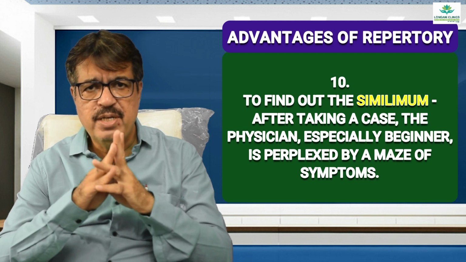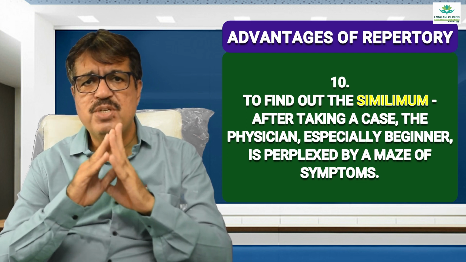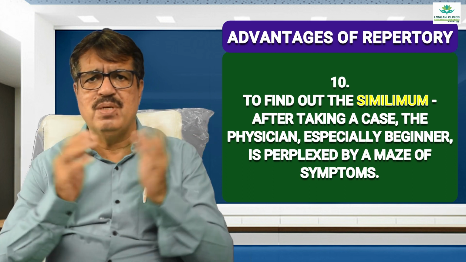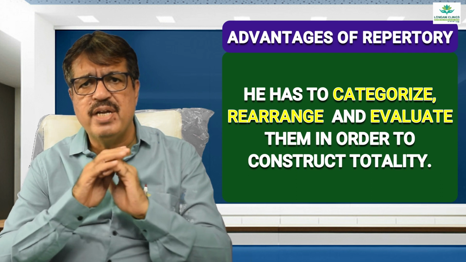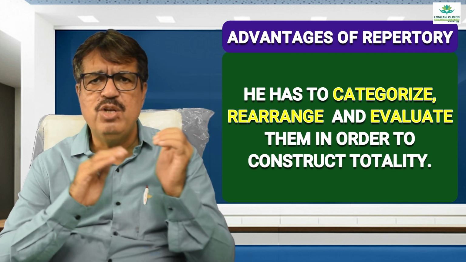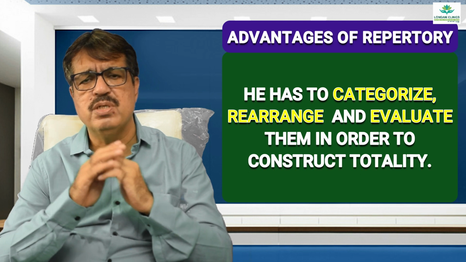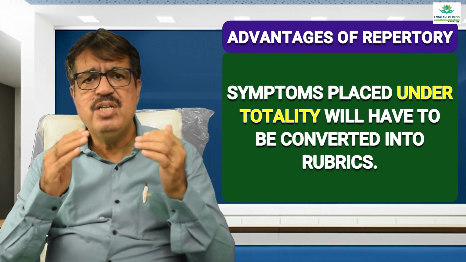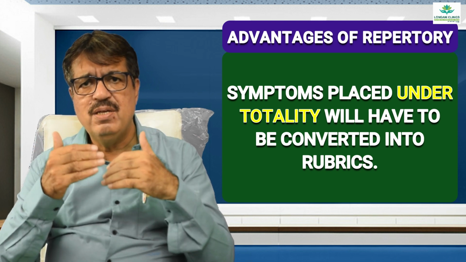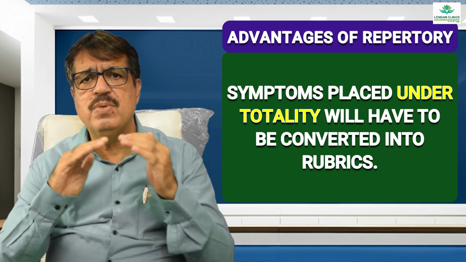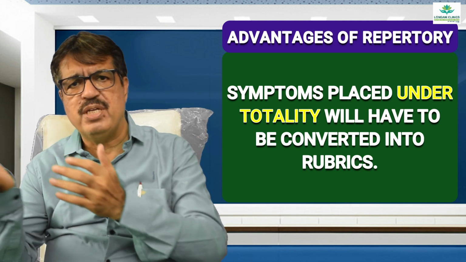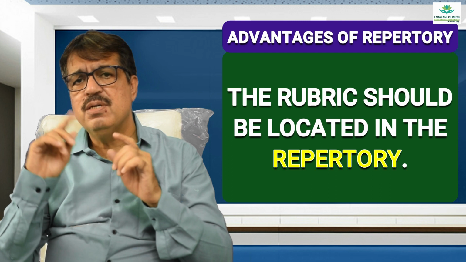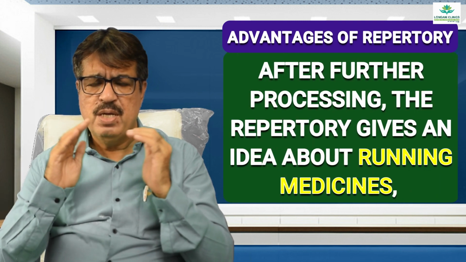After taking a case, the physician, especially a beginner, is perplexed by a maze of symptoms. He has to categorize, rearrange, and evaluate them in order to construct the totality. Symptoms placed under totality will have to be converted into rubrics. The rubric should be located in the repertory.